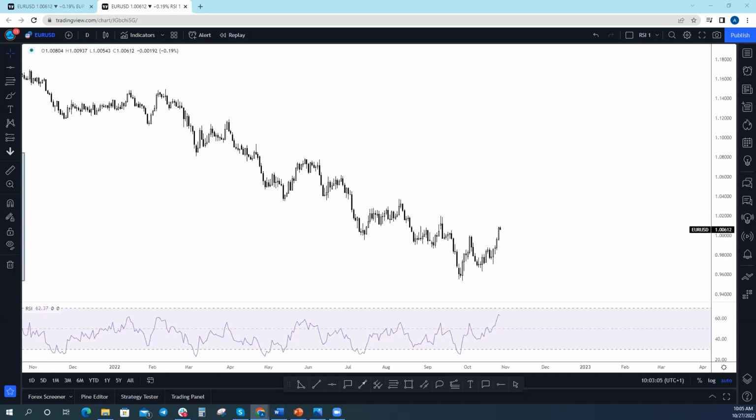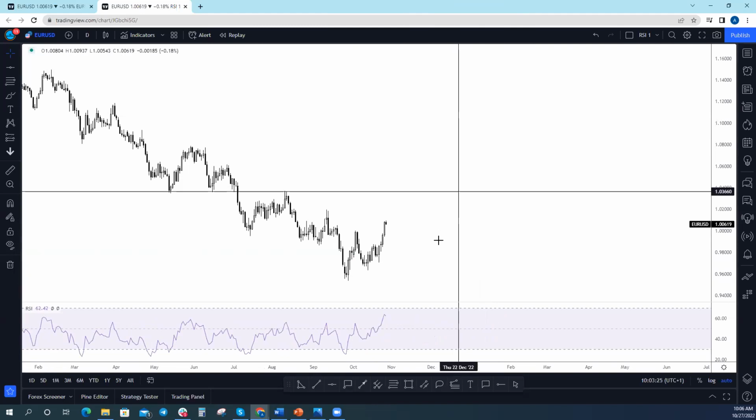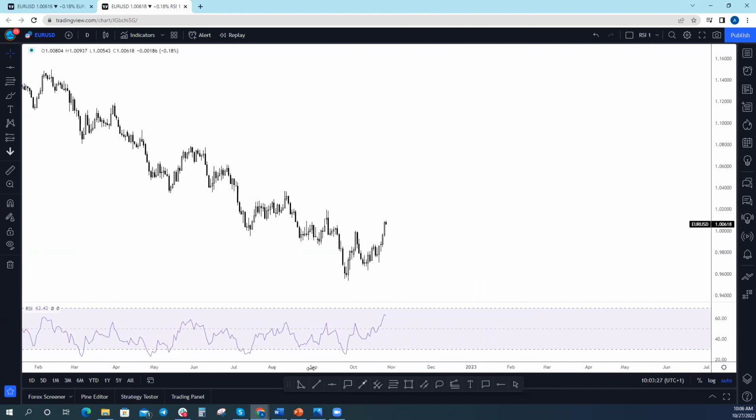It is there to measure the velocity of directional price movement, shown by way of a value between 0 and 100. The basic framework of the indicator consists of an x-axis, the horizontal panel here, and a y-axis.